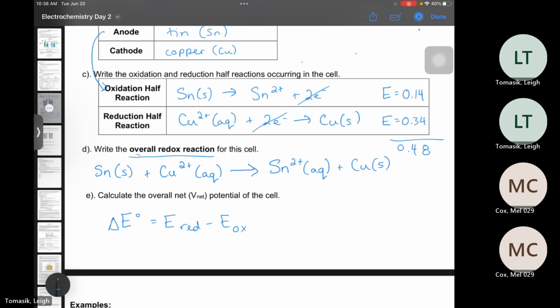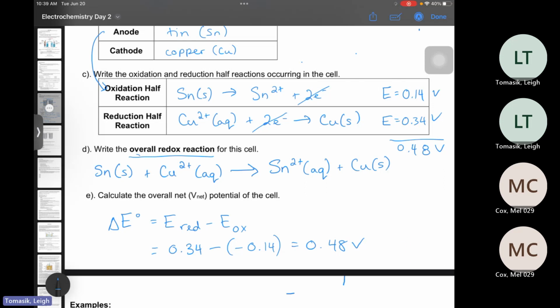Or if I didn't want to change the sign, right, I write the reduction potential minus the oxidation potential, and I still get 0.48, right? Volts. Okay, so this battery will produce 0.48 volts.